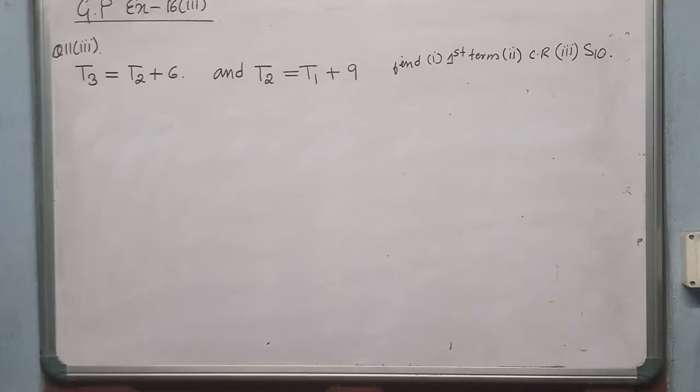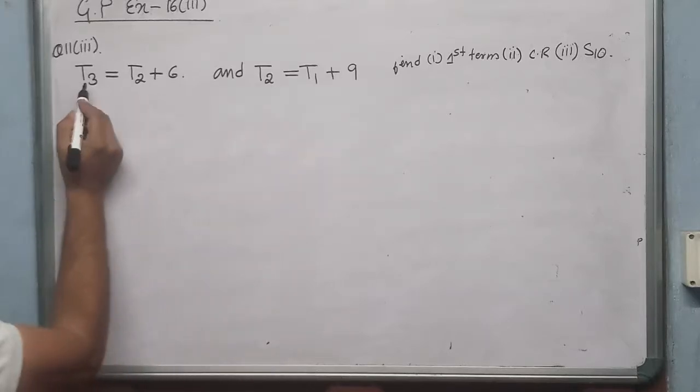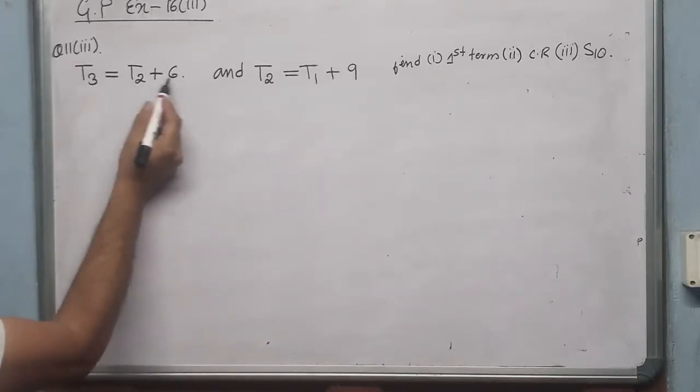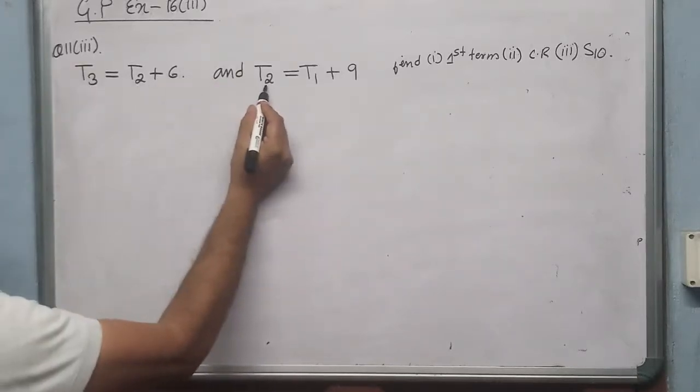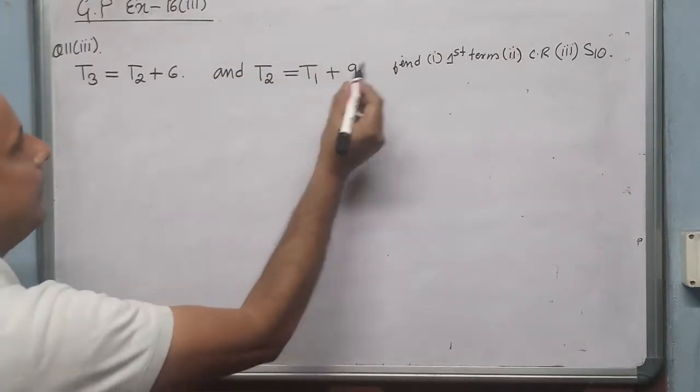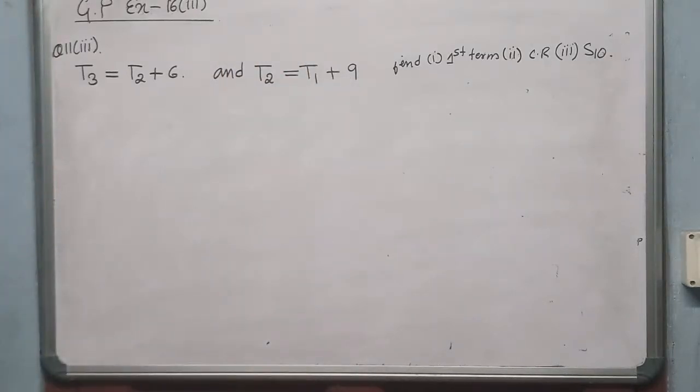Find the first term, common ratio, and sum of the 10th term of this GP. That's it. Over here, the relation I've already written: the third term exceeds the second by 6 and the second term exceeds the first by 9. Find the first term, common ratio, and sum of the 10th term.